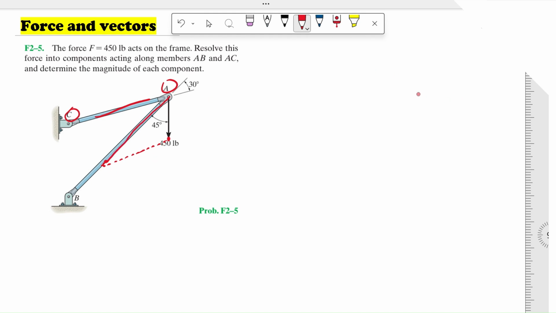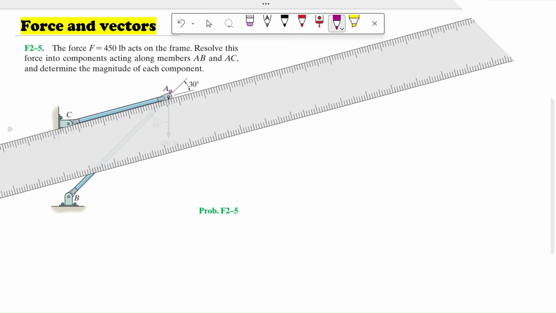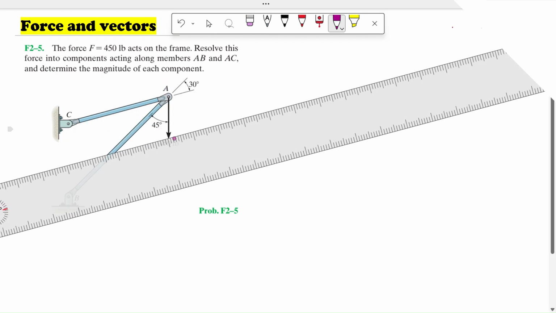Now I will be constructing it with a ruler, so you will understand more easily. I will be constructing a parallel line from the end of the given force, touching this member, and that line should be parallel to the AC member.